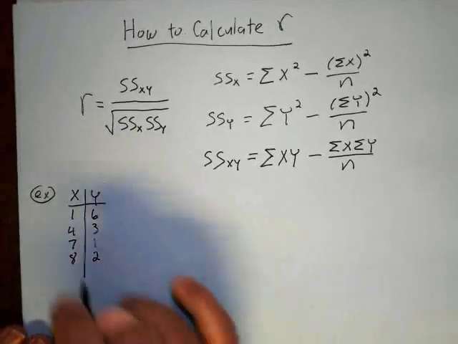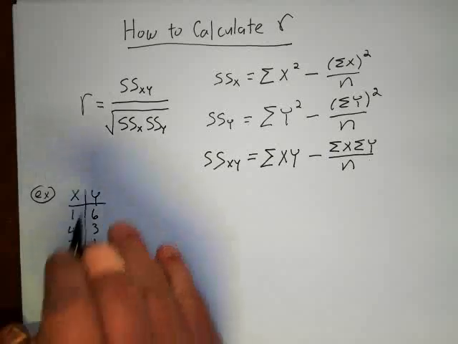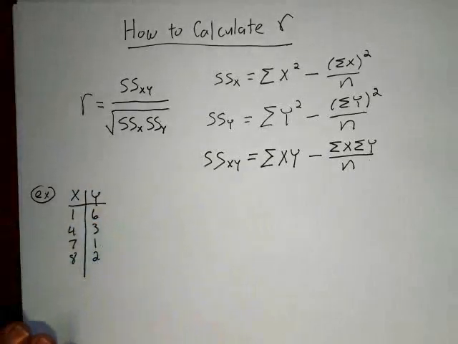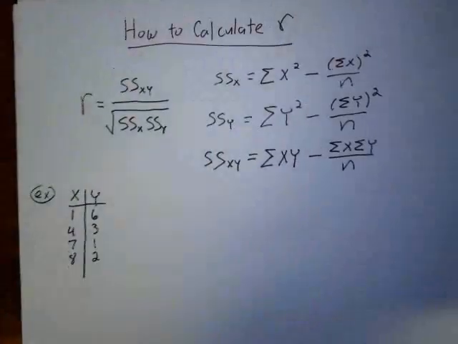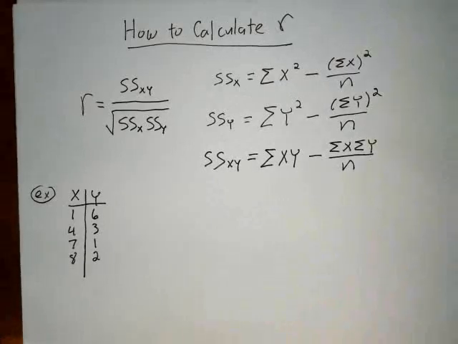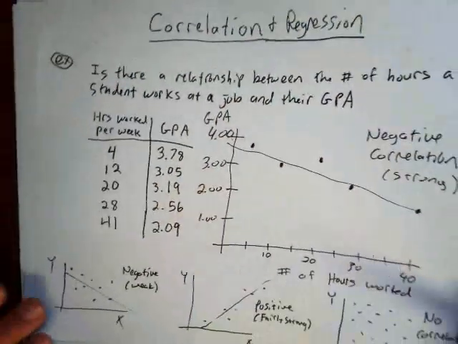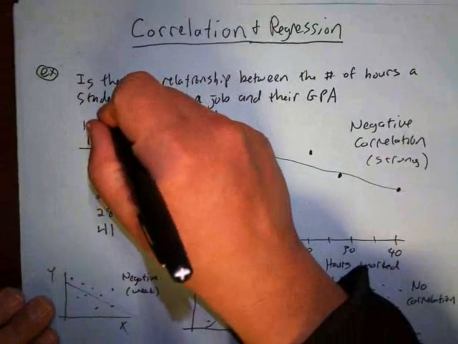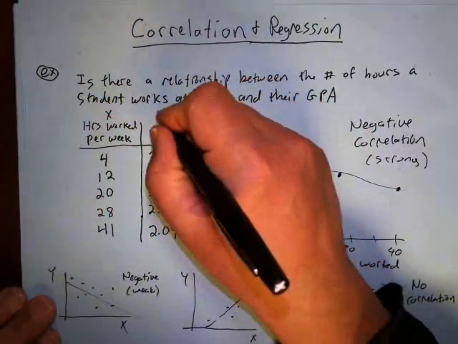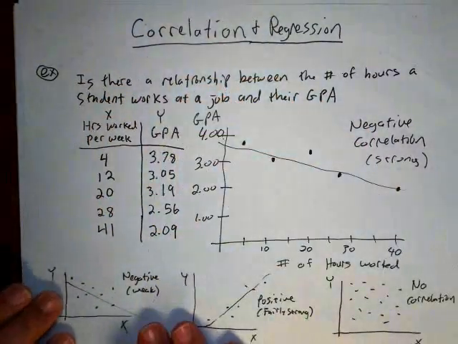Okay, so when you do these, the first column is always the x coordinate, the second column is the y coordinate. That would be true with the example that we started out with, like the hours worked would be your x, and the GPA would be your y.